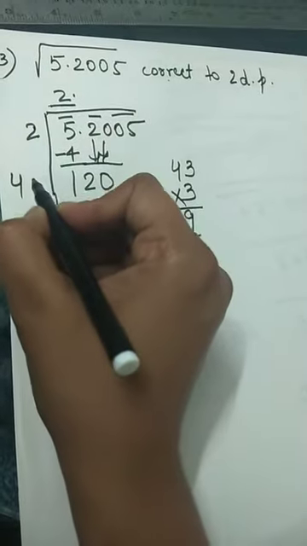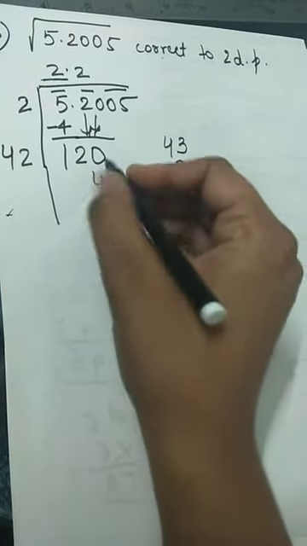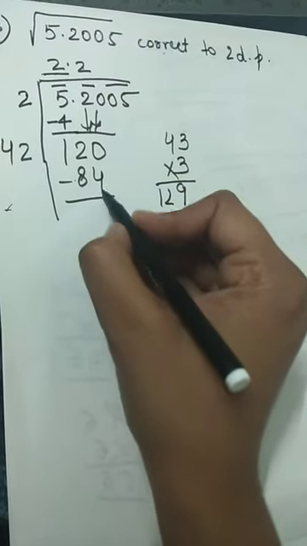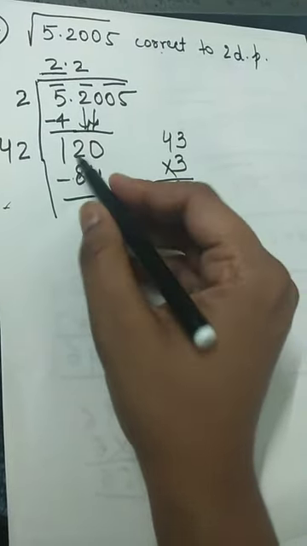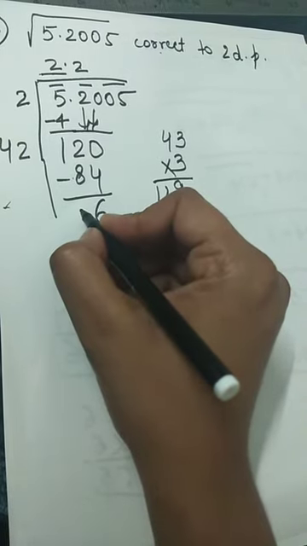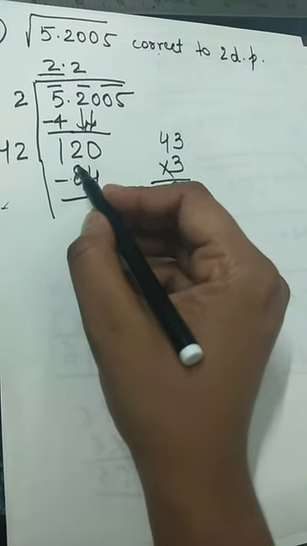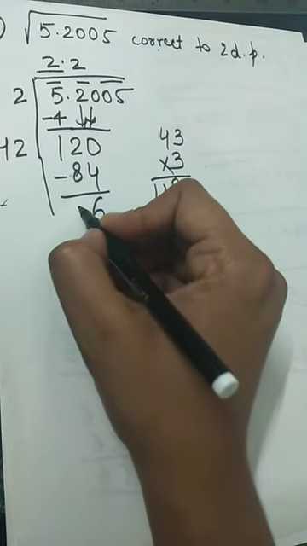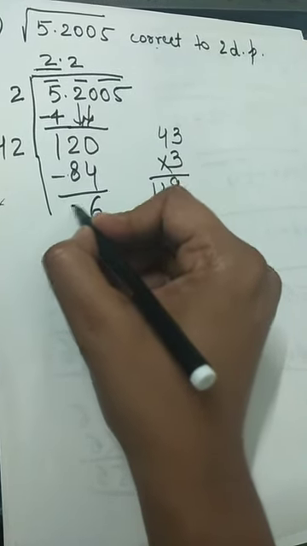So we will take the square table of 2. 2 2s are 4 and 2 4s are 8. It will be 6 here, and 11 minus 8 is 3.